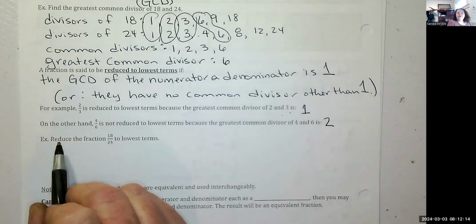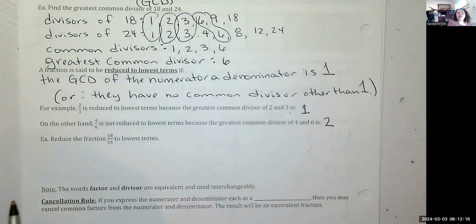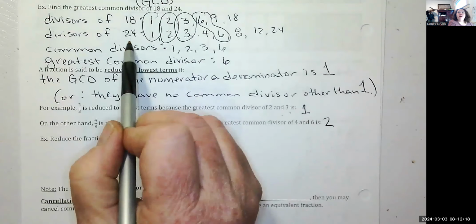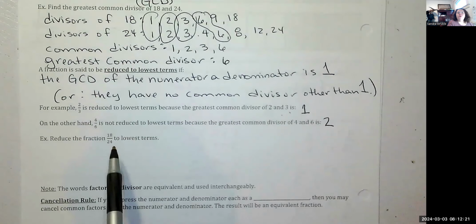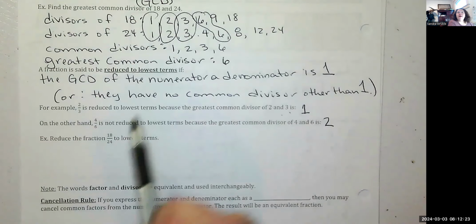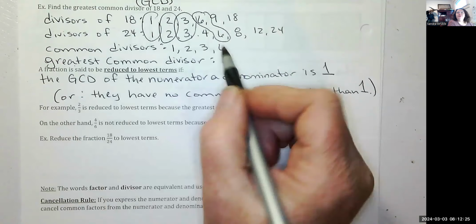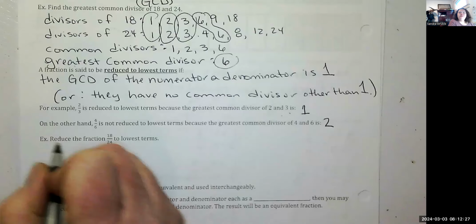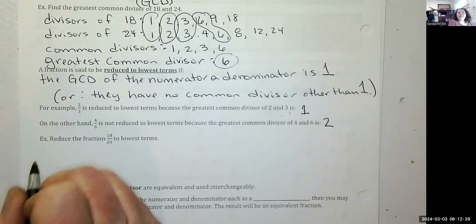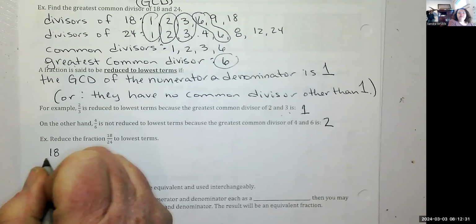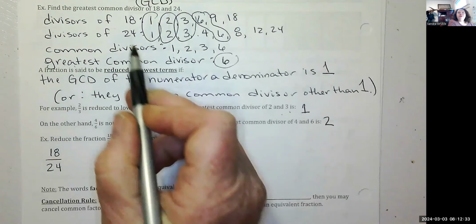Reduce the fraction 18 divided by 24. Well, we've already found the divisors for 18 and 24. So all we have to do now is use the greatest common divisor, 6, and divide both of those numbers by 6. So for 18 divided by 24, we've got the divisors of it.